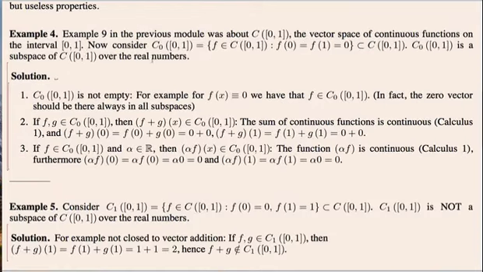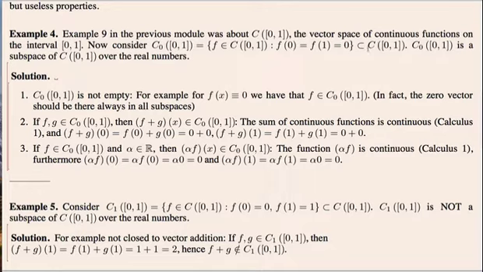So let's see an example. Last time in example 9 in the previous module, we discussed C[0,1], which is the vector space of continuous functions on the interval [0,1]. Now let's consider a modification of this. Let's denote this with C sub 0 of [0,1]. These are the functions from C[0,1], that means the continuous functions over the interval [0,1], such that f of 0 equals f of 1 equals 0.